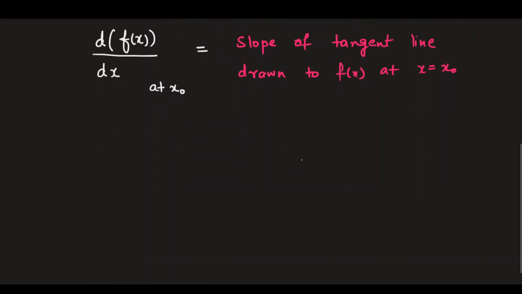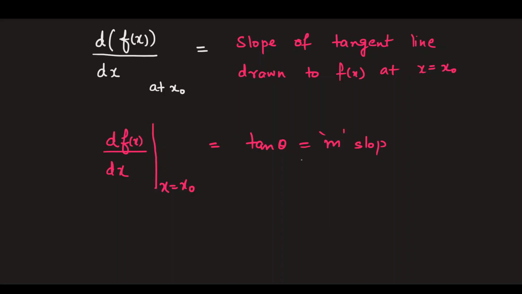The notation can be simply written as df(x) by dx, with a line and x equal to x naught, which is equal to tan theta or m, that is the slope in this case.